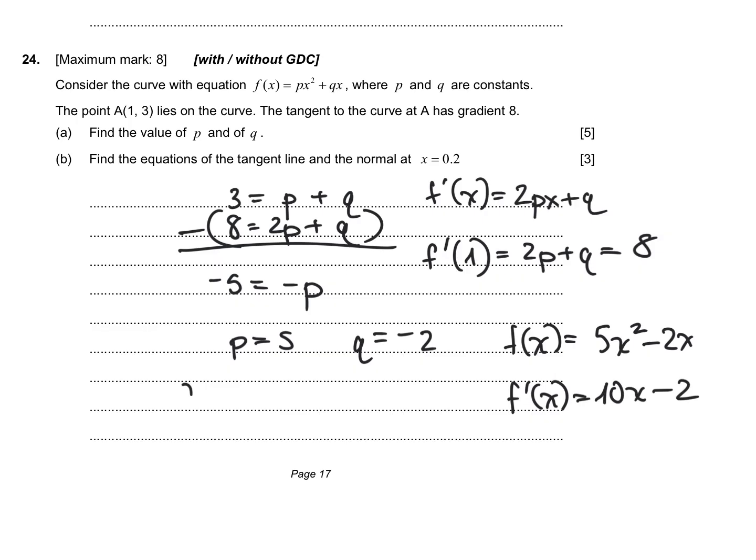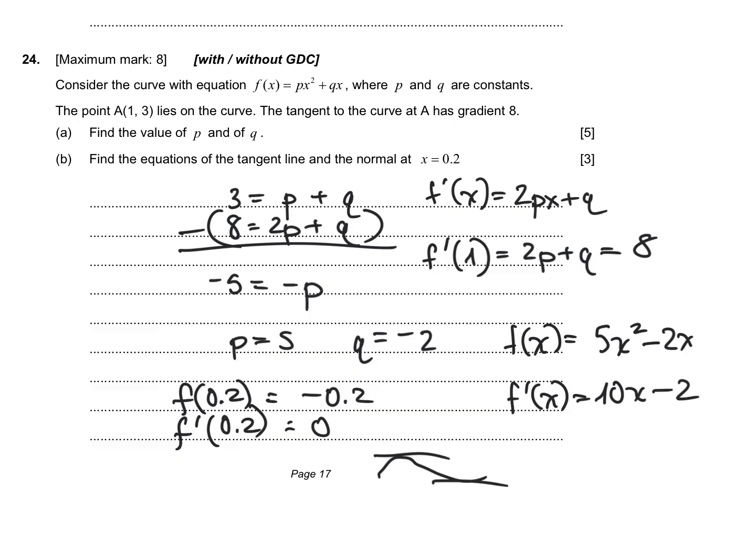Then we need f at 0.2 and the derivative at 0.2, which I'm going to use my calculator for. So this is going to be negative 0.2 and 0. So it's basically a max or min, because the gradient at 0.2 is 0, so that means it's a horizontal line.